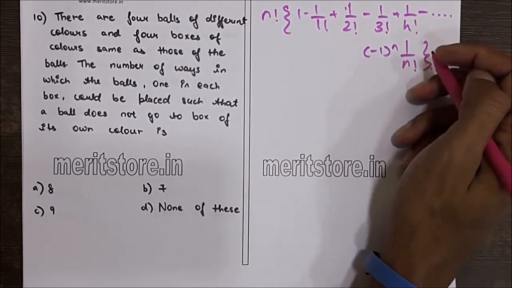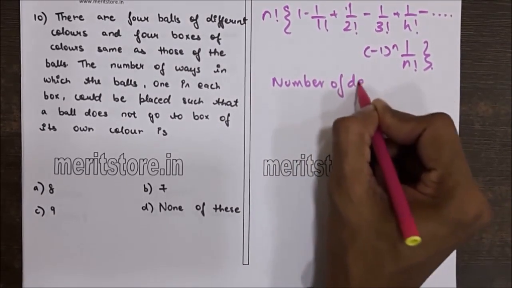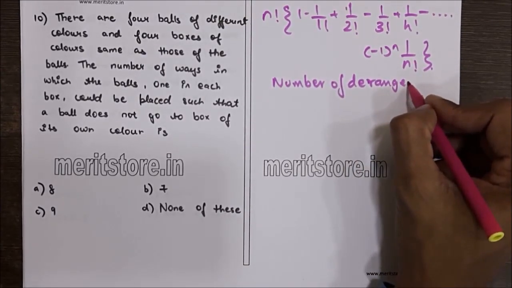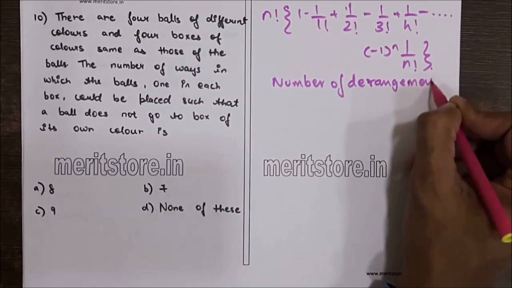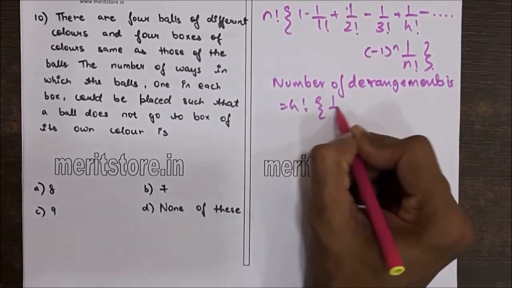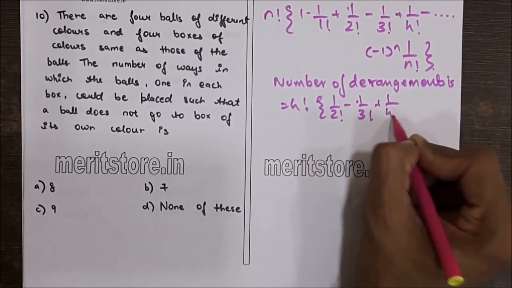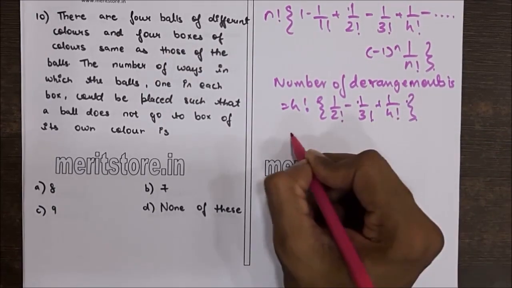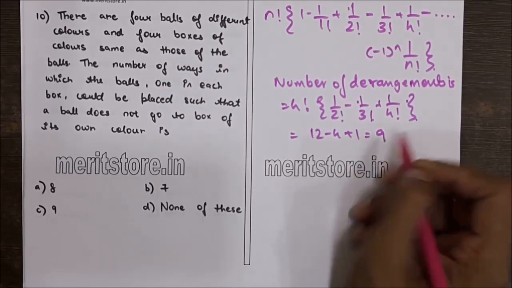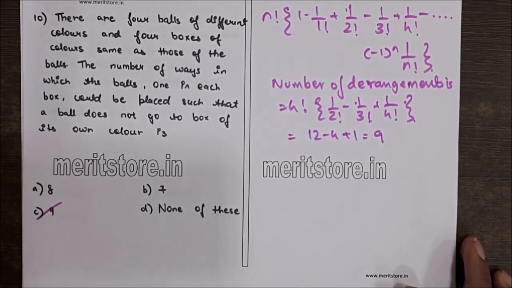So the number of derangements is equal to 4 factorial into 1 upon 2 factorial minus 1 upon 3 factorial plus 1 upon 4 factorial, which, solving this, we get 12 minus 4 plus 1, which is equal to 9, which is our option C. Therefore option C is the correct answer.